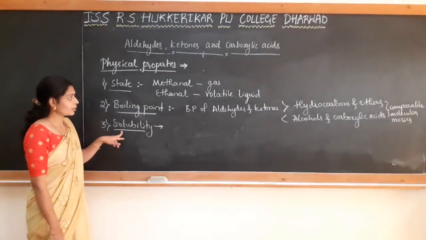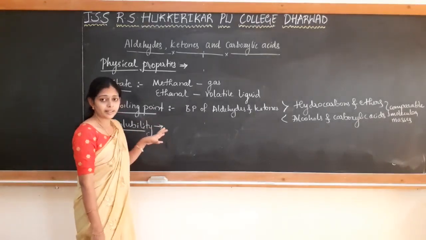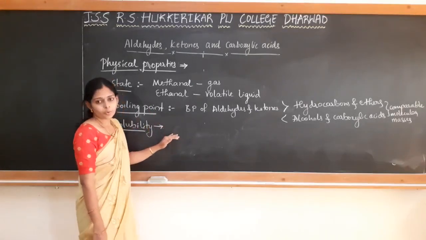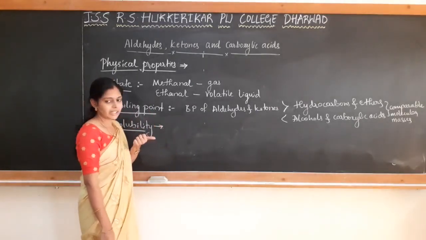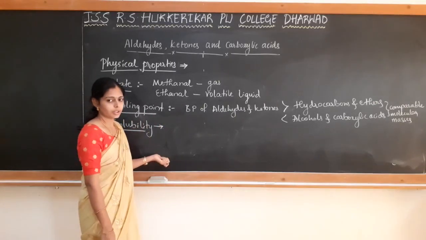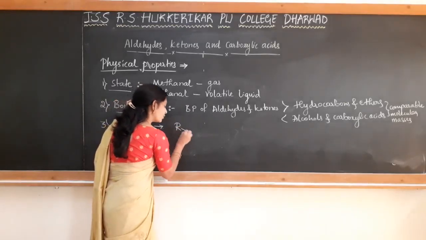The third physical property is solubility. The lower aldehydes and ketones show solubility in water in all proportions, like methanol, ethanol, propanol. These show solubility in water due to the presence of hydrogen bonding. It can form a hydrogen bond with the water molecule.